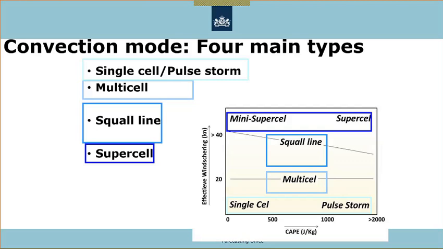So shear dominates more than the amount of CAPE. That means that with only relatively small amounts of convective available potential energy, but a lot of effective vertical wind shear, you can end up with quite vigorous convection, as you more or less can see in this scheme.